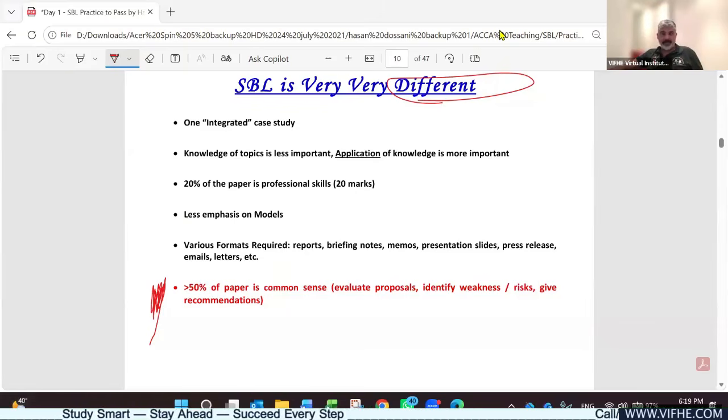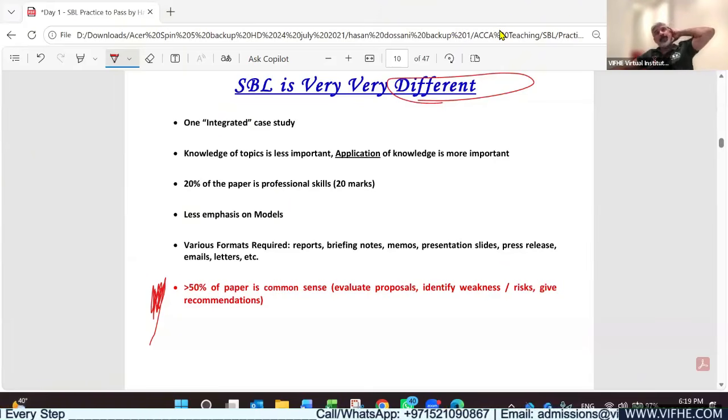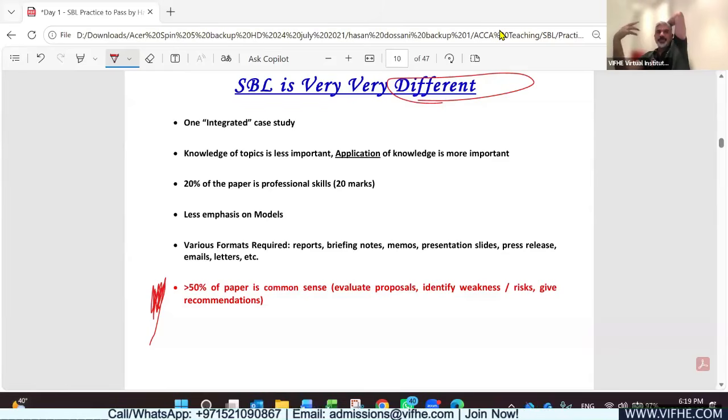But for the majority of the students, this is bad news. Why? Because you are not used to common sense or logical questions, right? All your other subjects are very syllabus focused. So this is the first time you will be using your common sense.